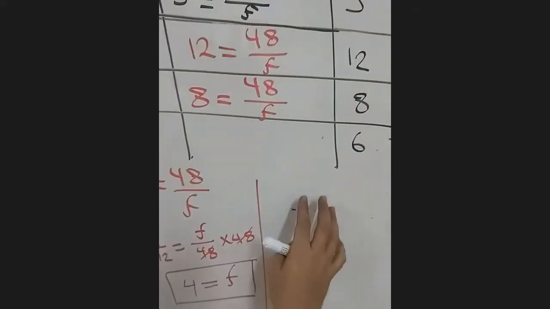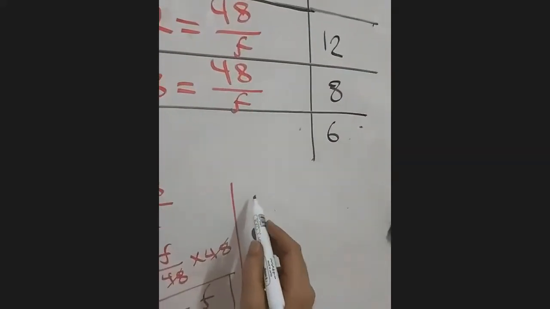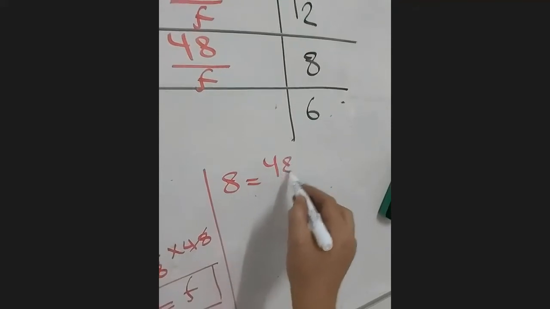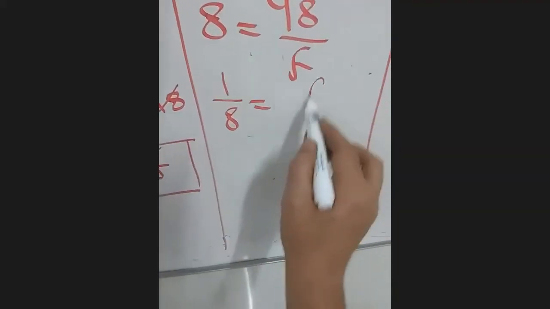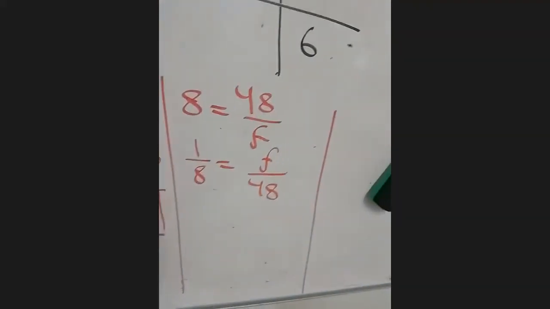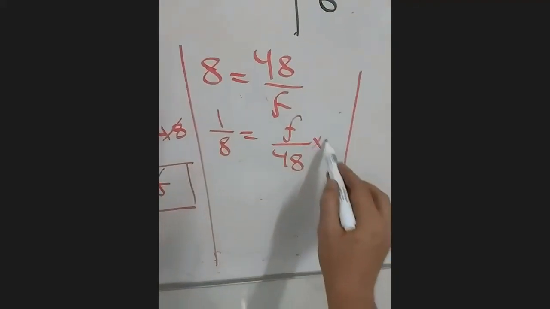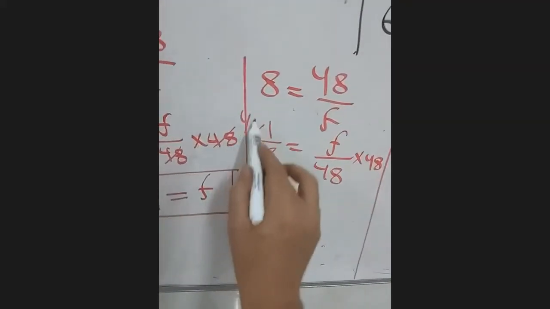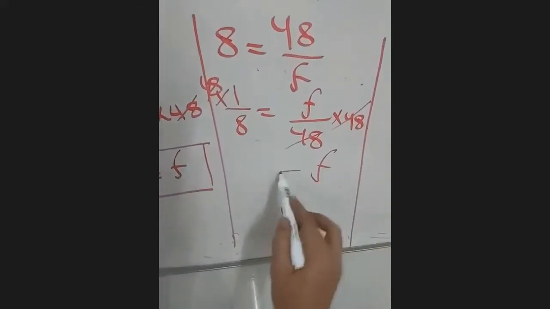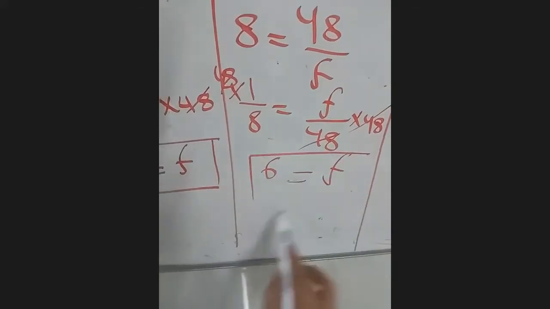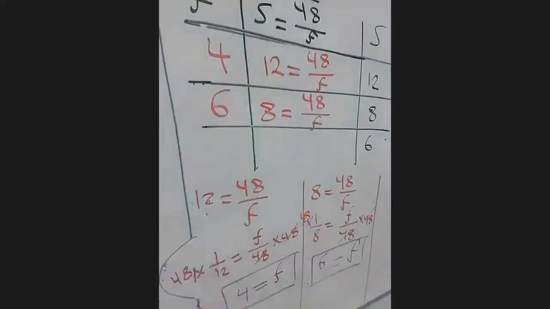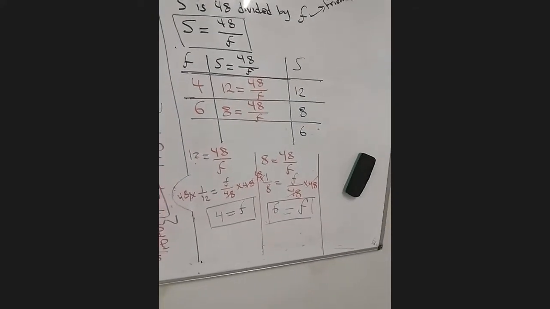I will take it outside to solve it. 8 equal 48 over f. What will I do? Reciprocal on both sides. 1 over 8 equal f over 48. Then multiply by 48 on both sides. Here it is gone. F will be multiply, divide. It will be 6. So f here is 6. The third part.